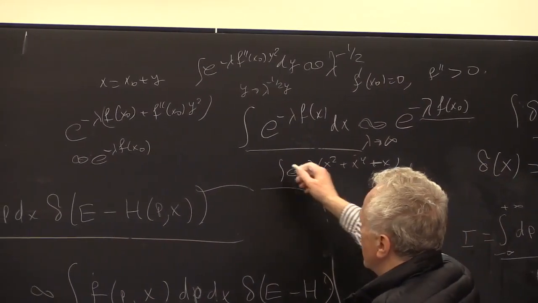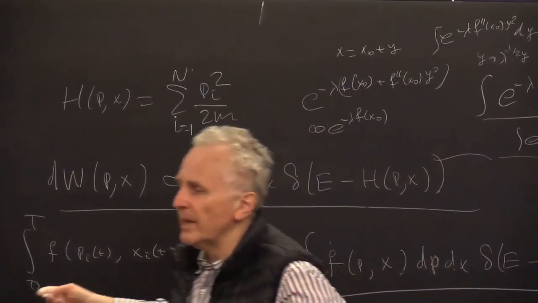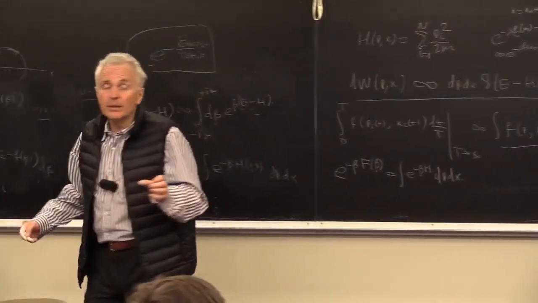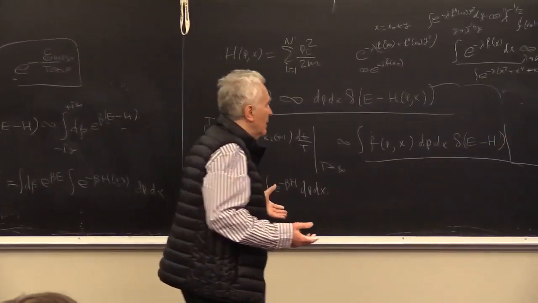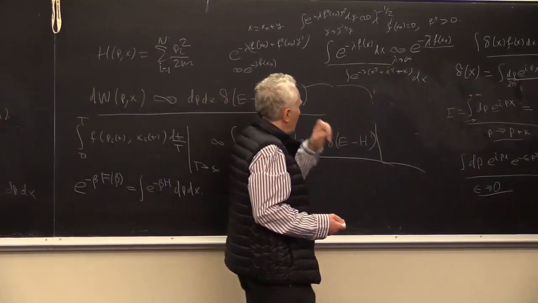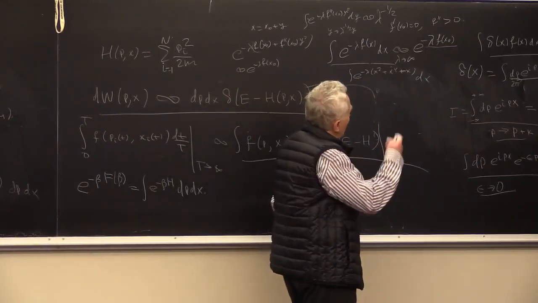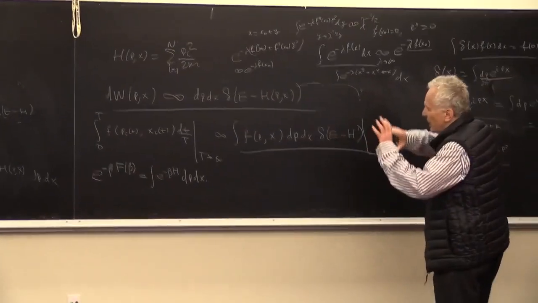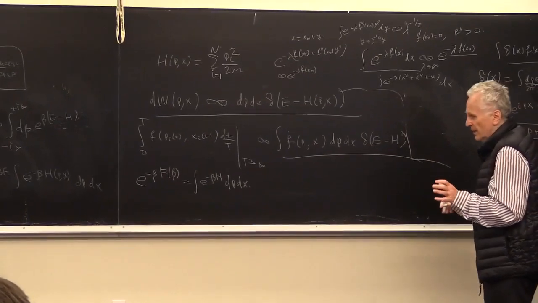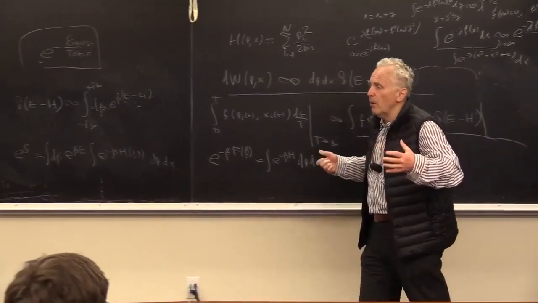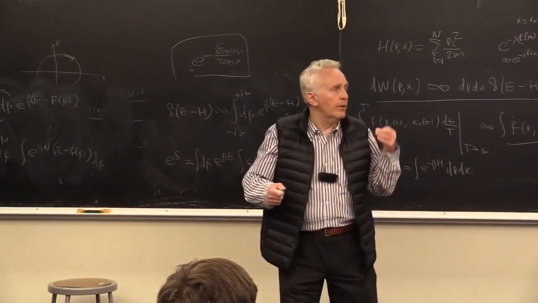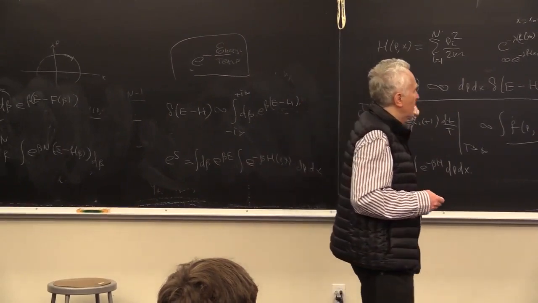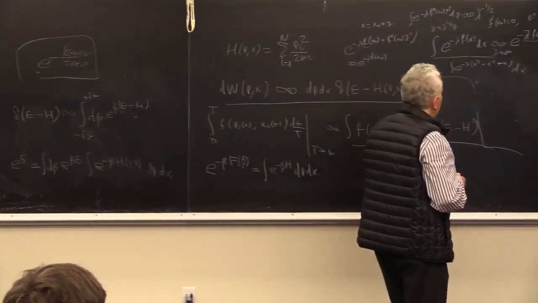So what I'm basically saying is, it's a very powerful method for treating integrals. It's called the saddle point method, or Laplace method in this particular case. There are many variations of this idea in mathematics. It's a very powerful way to find asymptotic values of integrals.